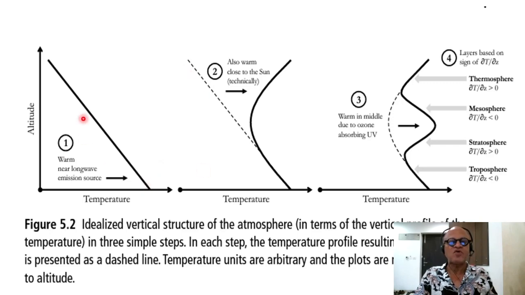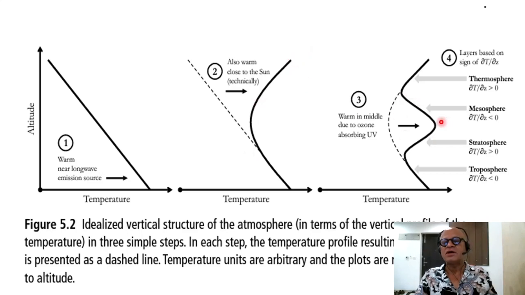Now keep that profile here and see how it changes in the upper atmosphere and the tropopause into the stratosphere, because this is warm not just because it's close to the sun, but also because it is absorbing UV, splitting oxygen molecules into oxygen atoms, forming ozone. Ozone is absorbing UV, so we get a warming stratosphere.